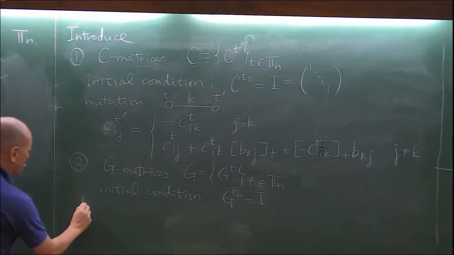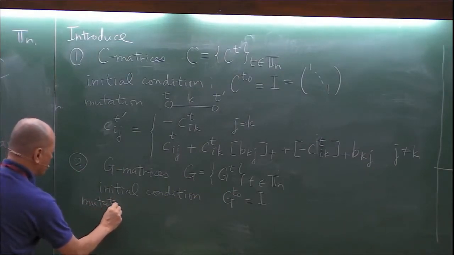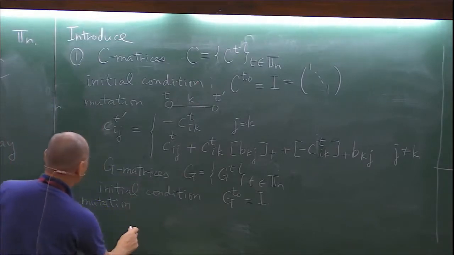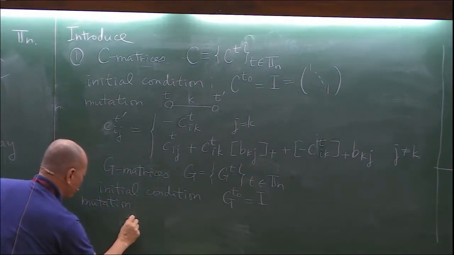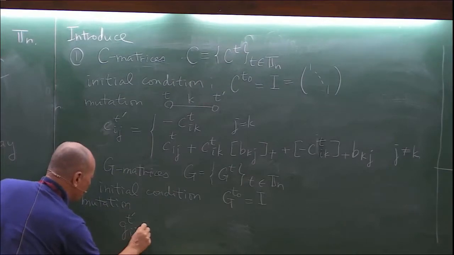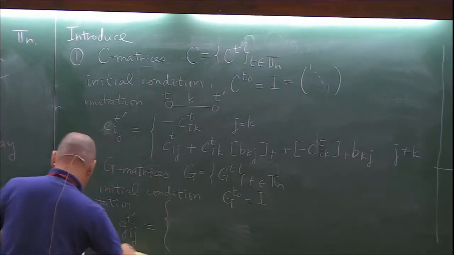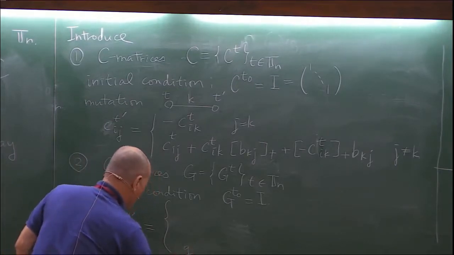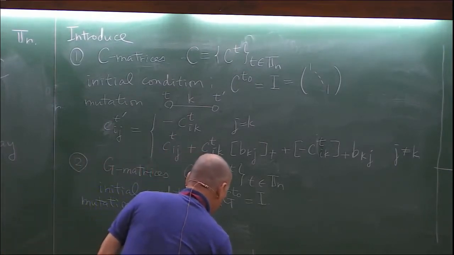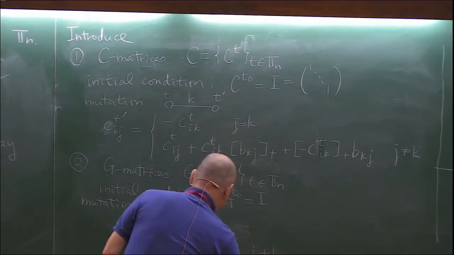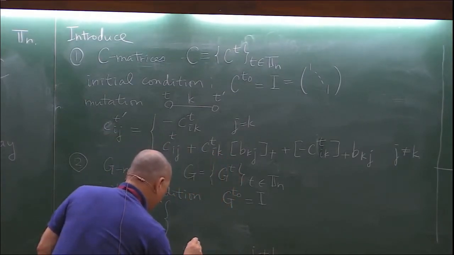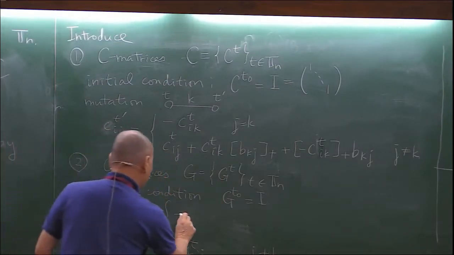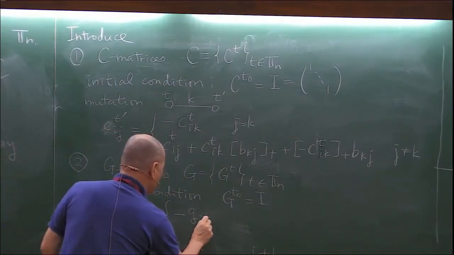Then we have a mutation formula, which is defined for these things, which I somehow skipped to write. This is simpler when j is not k, and minus G_ij.